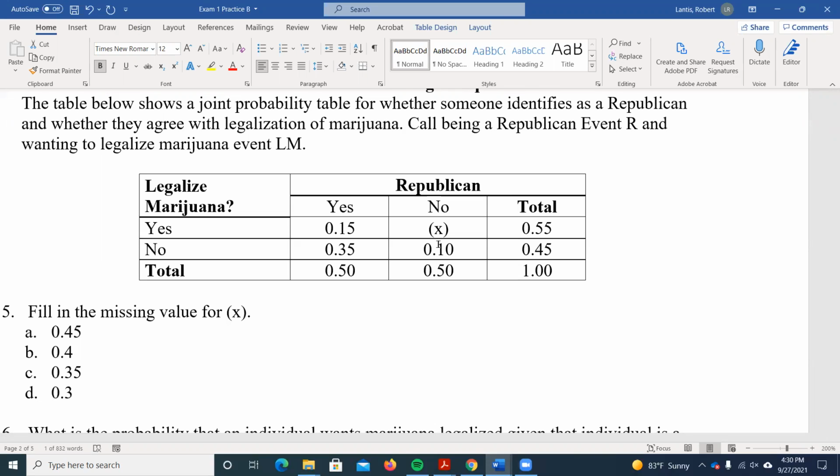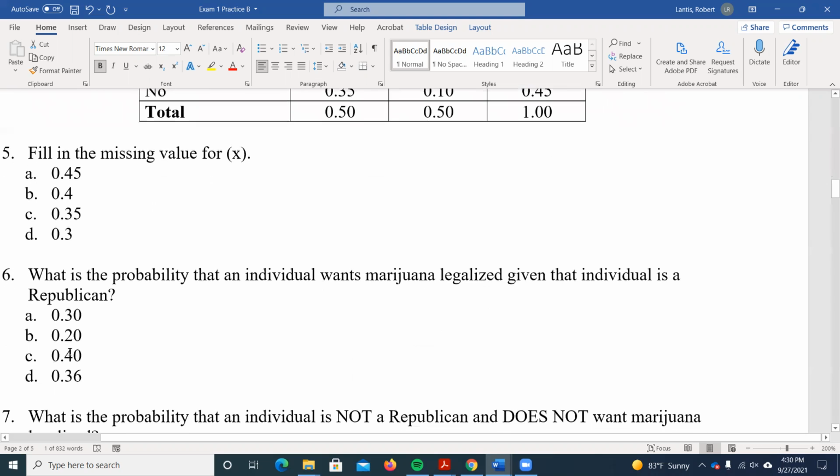We then divide that by what we've conditioned on, which is the probability that someone is Republican, right? So that would just be 0.5. So we divide by 0.5, which gives us the answer 0.15 over 0.5 is 0.3. So we can use these tables to find conditional probabilities.